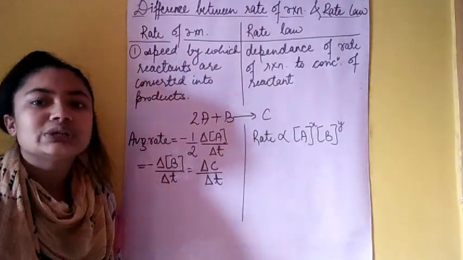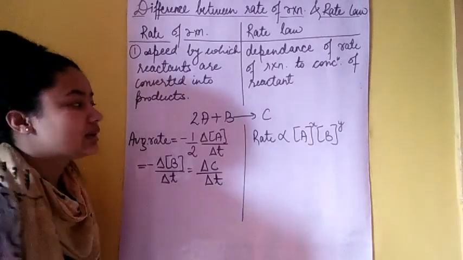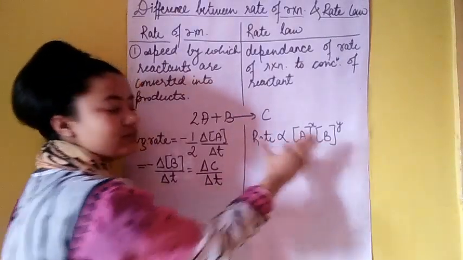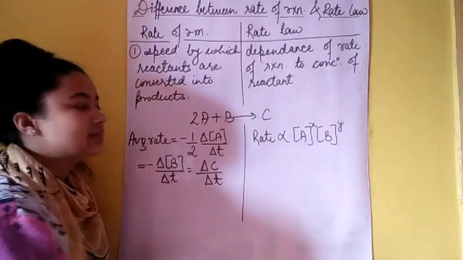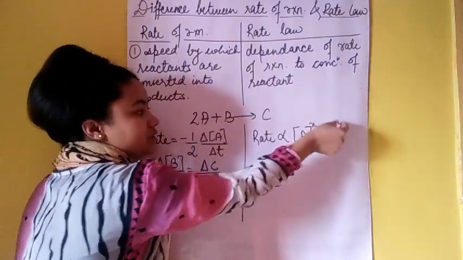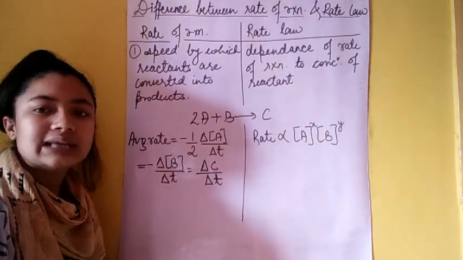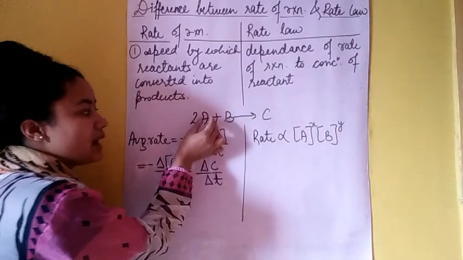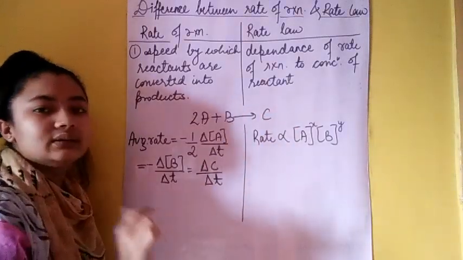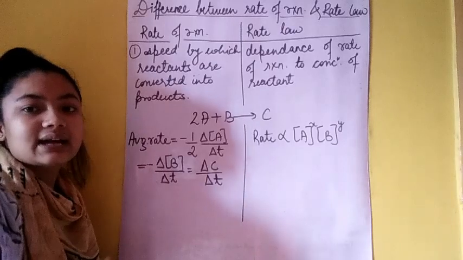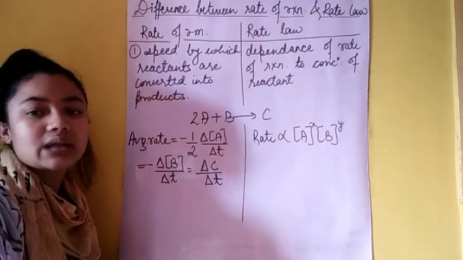If we have to use the law of mass action, we use the same equation, but the only difference is that we directly put the stoichiometric coefficient here, because active mass means the mass which is participating in the reaction, that is taking part in the reaction.